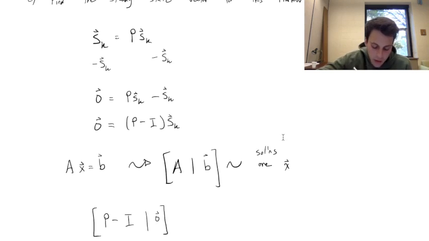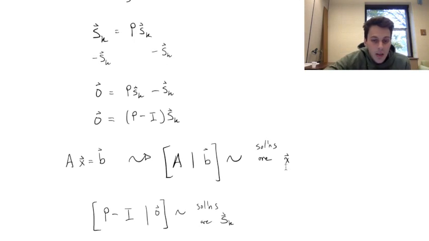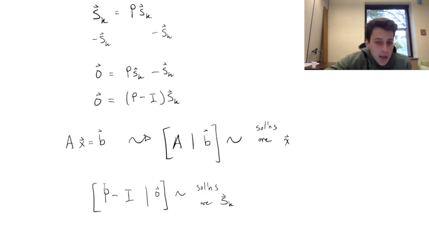If you were to row reduce this, then the solutions would be the steady state vector. Right? So what we need to do is solve the homogeneous system of P minus the identity matrix.